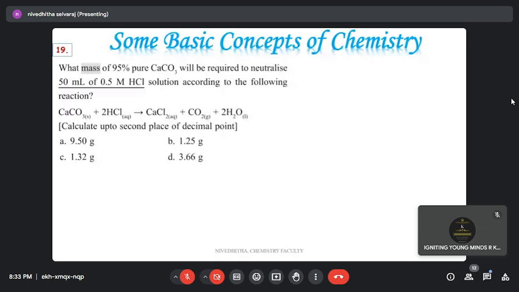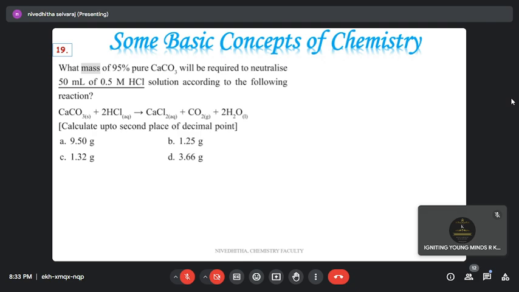The concentration of that hydrochloric acid is 0.5 molarity, and the quantity of that acid is 50 ml. Basically, that is an acid solution to which they are adding calcium carbonate. Calcium carbonate is a base. So, if you treat hydrochloric acid with calcium carbonate, it is a neutralization reaction. That is the reaction they are talking about. So, I have this 50 ml of 0.5 molar HCl solution to which I am adding calcium carbonate to neutralize.